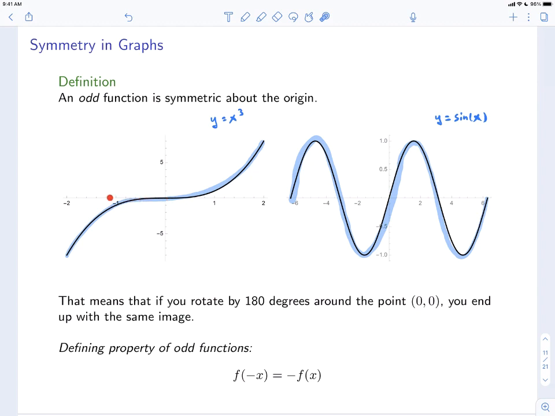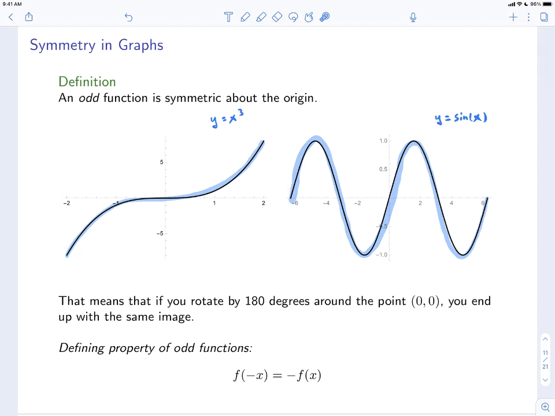Now, if you go to the left by 1 unit, then we go down 1 unit. Now, this isn't drawn to scale, as you can see, because this is 5, and here we only have 1 and 2. So it's not drawn to the same scale. The x scale is not the same as the y scale, but you get the basic idea. However much you went up on the right, you go down on the left instead.